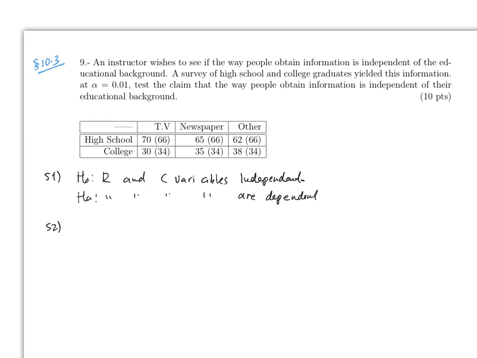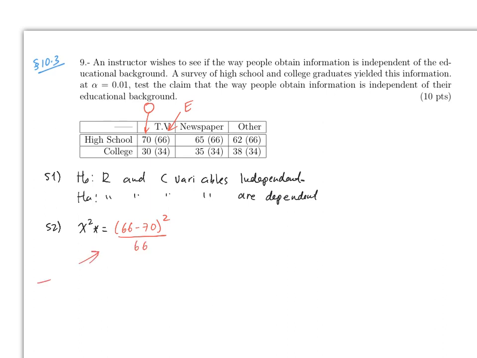Now step 2 is the part that takes a little bit of time. You can use the calculator and you don't want to go through all the pain. But here, the 70, or the number outside the parentheses, is the observed value, and the number in the parentheses will be the expected value. So in our case, this will be 66 minus 70 squared over 66.